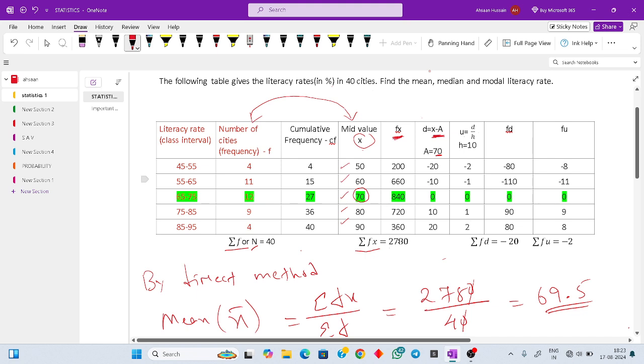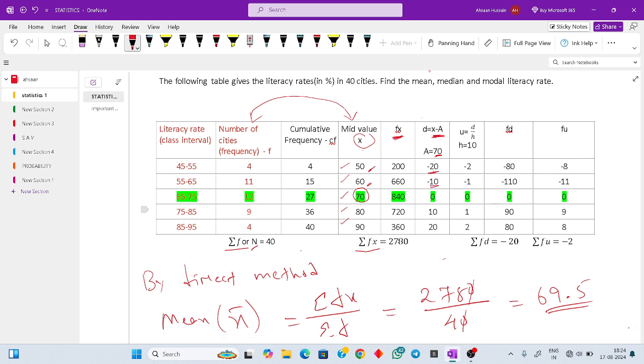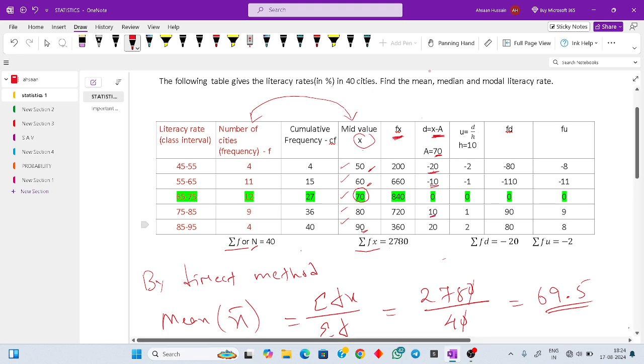So the difference of 50 and 70 is minus 20. Similarly, the difference of 60 and 70 is minus 10. Again, the difference of 70 and 70 is 0. The difference of 80 and 70 is 10. And the difference of 90 and 70 is 20. Okay.